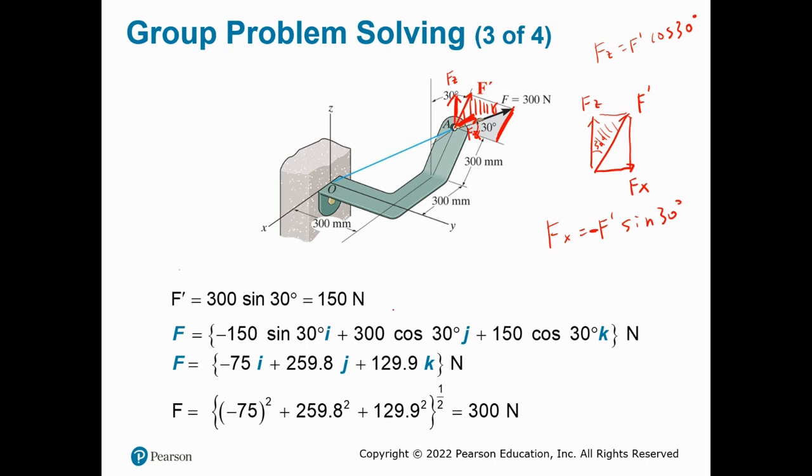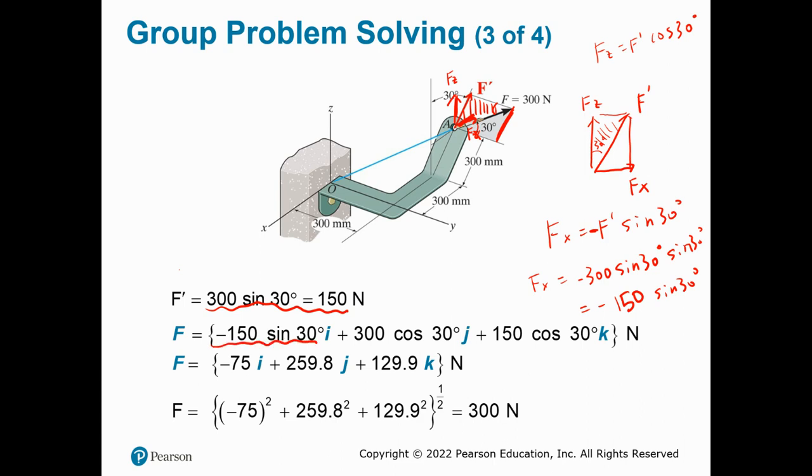We know that F prime is 300 sine 30, so Fx is going to be 300 sine 30 with another sine 30. 300 times sine 30 is 150 right here, F prime, and then times another sine 30. And it's negative because it's going toward the negative direction of Fx.